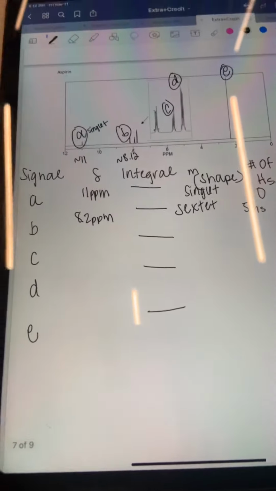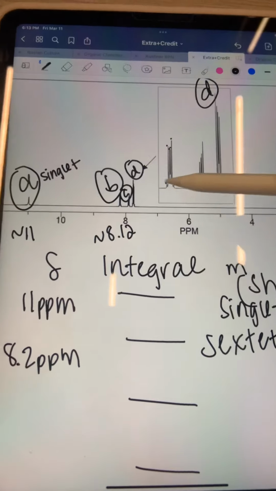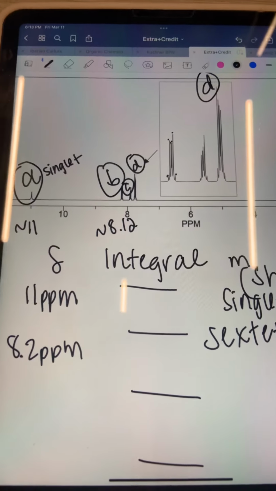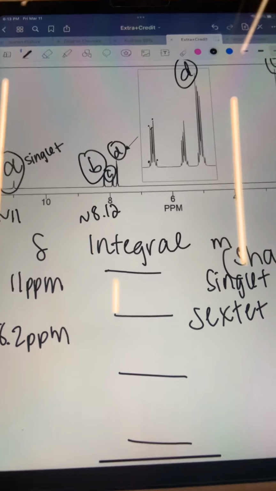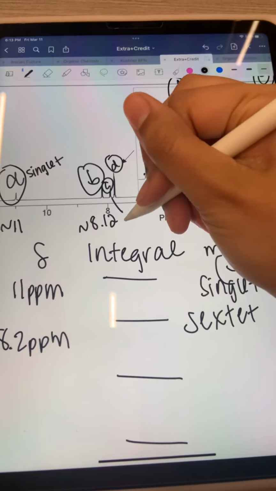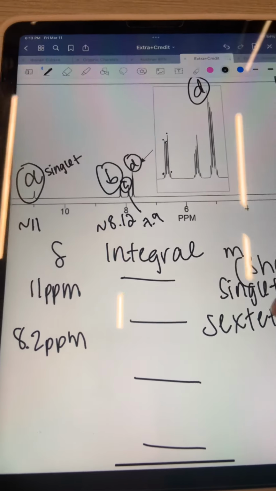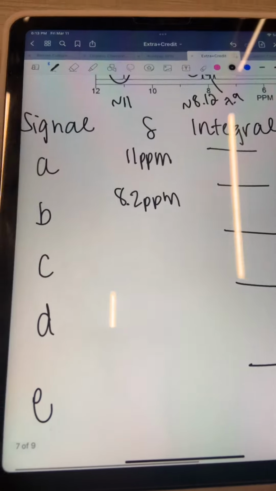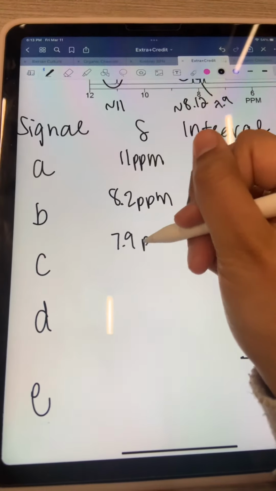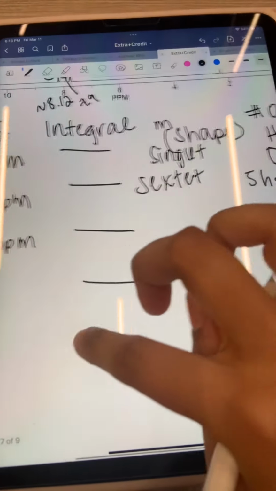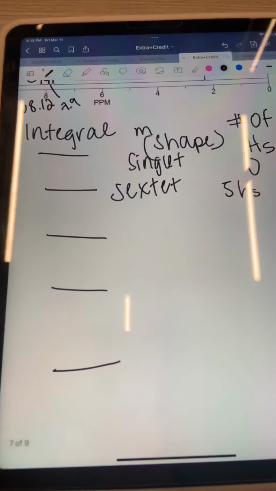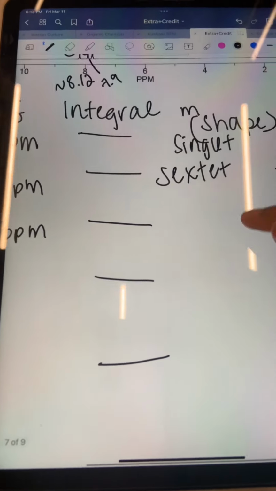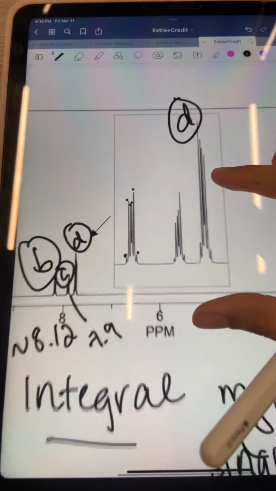Now moving on to C. C over here is really close to the signal of B. So we're going to say that C has a 7.9 ppm value. And then again, there's no integral. And then for the multiplicity, we're going to go ahead and count the number of peaks.